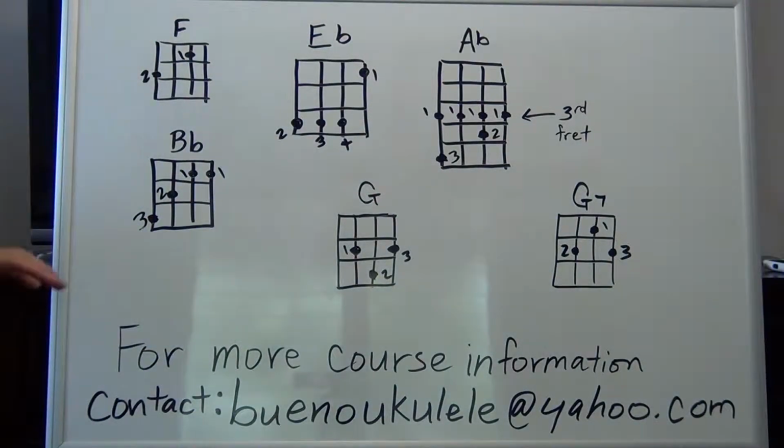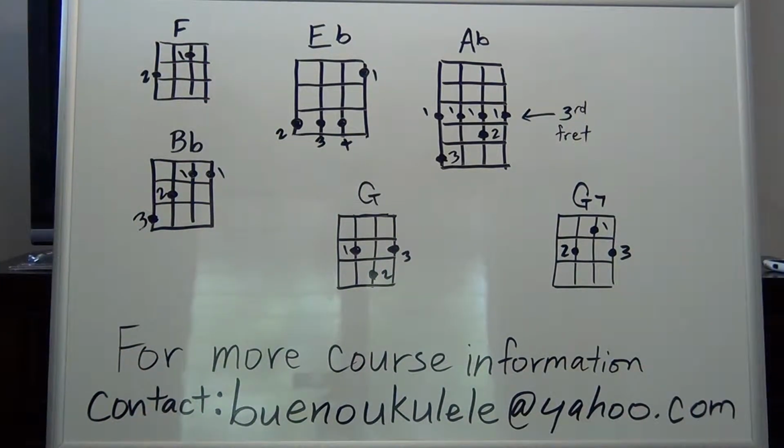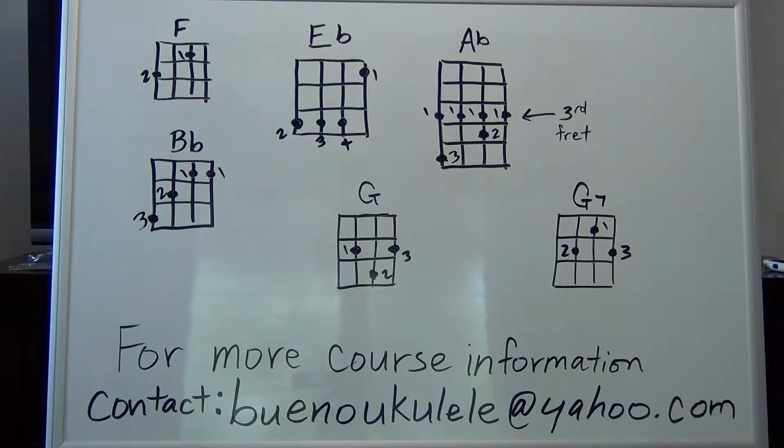So, try the exercise for the new chords that are in the bridge of the song Every Day before you play it. And if you're successful, then you can play the entire song. If not, then you want to go with just playing maybe the verses and skipping the bridge for now.